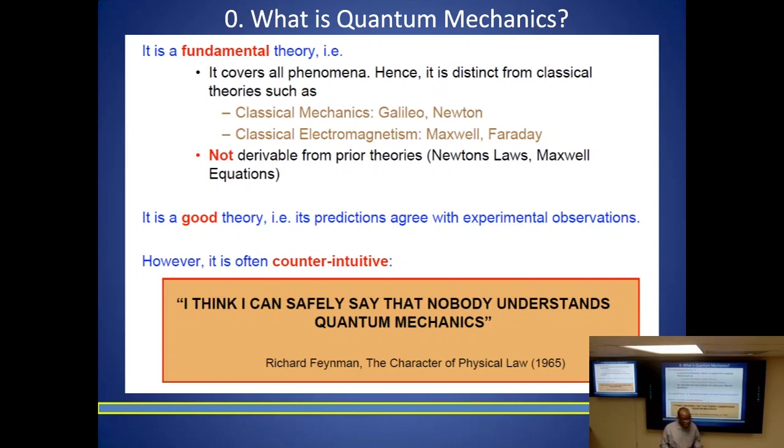But these could not explain the phenomena that we were seeing, and we've mentioned such phenomena already: the photoelectric effect, emission and absorption spectra by atoms, black body radiation. So we needed a new theory, and quantum mechanics was then developed. It did explain many of those phenomena nicely, and it is a fundamental theory. It stands by itself, distinct from classical mechanics.